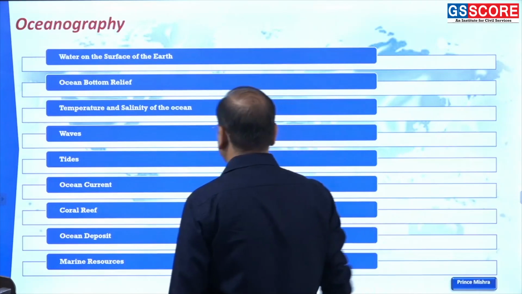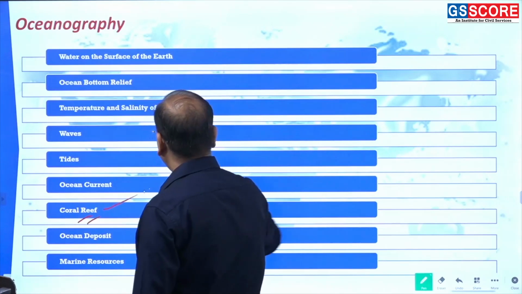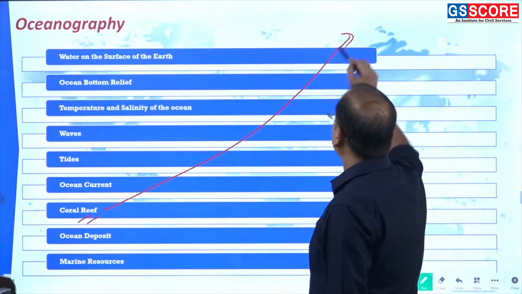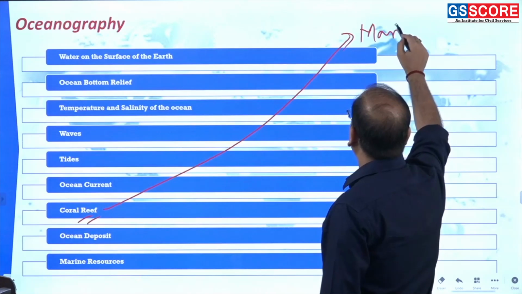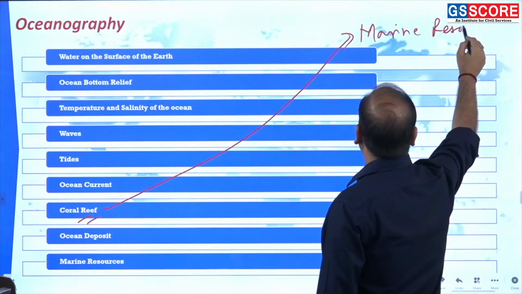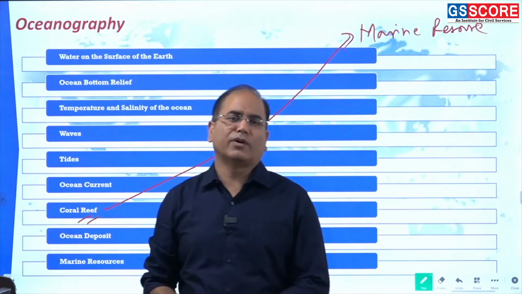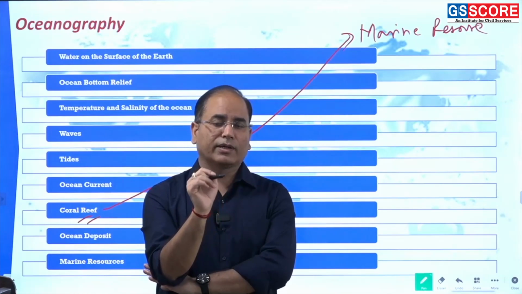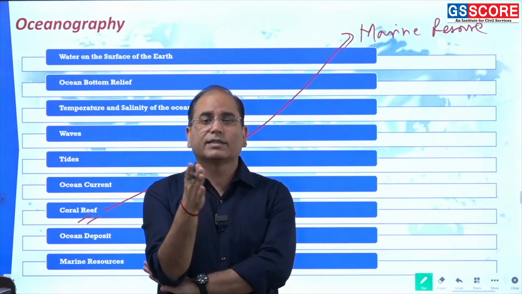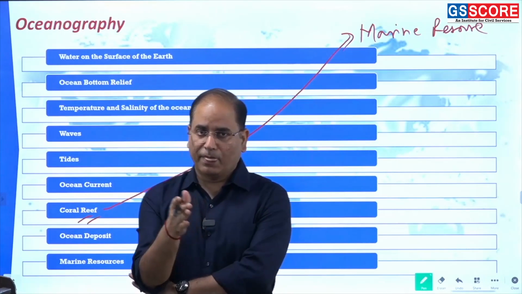Moving to the next topic, the coral reef. Coral reef happens to be one of the parts of marine resources, biotic resources. But coral reef happens to be the most important oceanic organism, marine organism. That is why it is important to study separately.